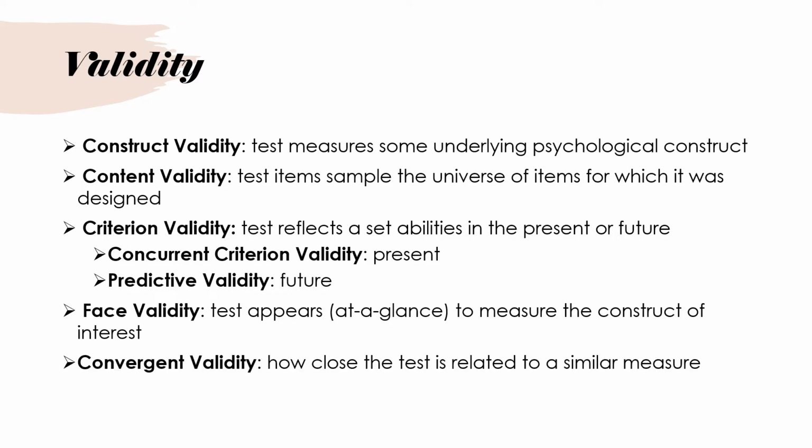We also have something called convergent validity, and this is how close the test is related to a similar measure. This is something I'm doing right now. I'm trying to develop a measure to use in some of my suicide research, and it's for items that have never been tested before. So what we're doing for this study is we have these items. For example, one of the things that we're looking at is increased substance abuse.